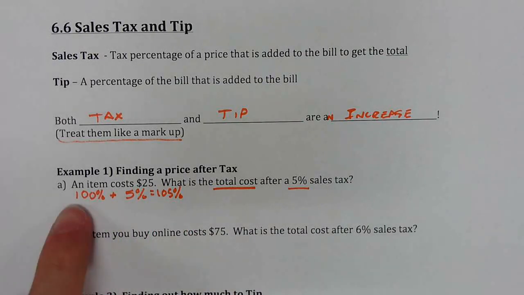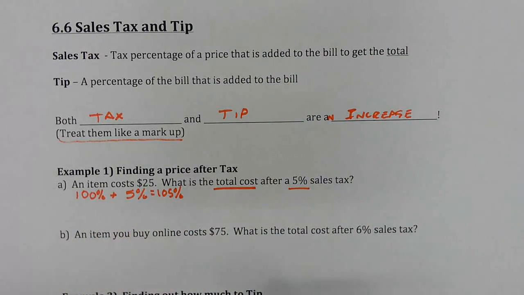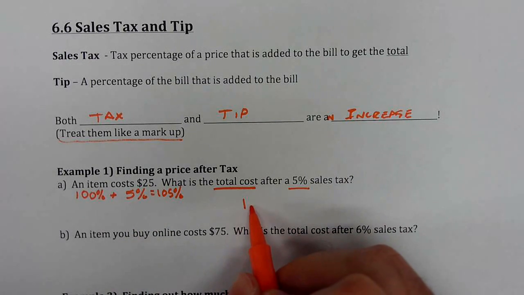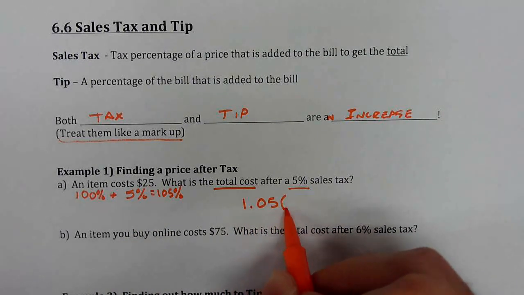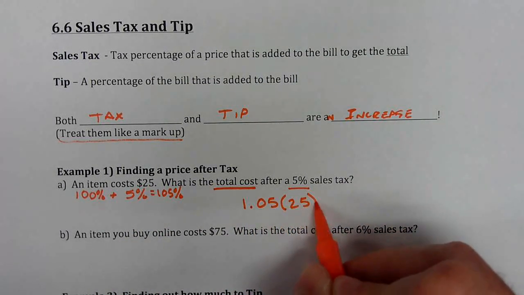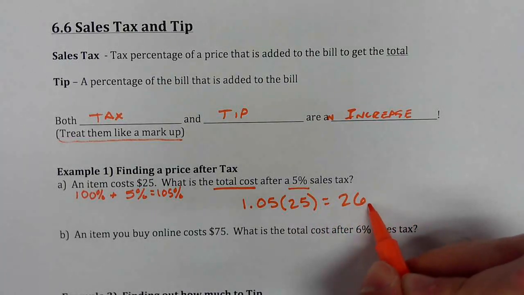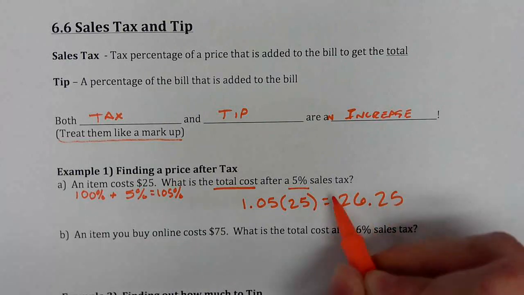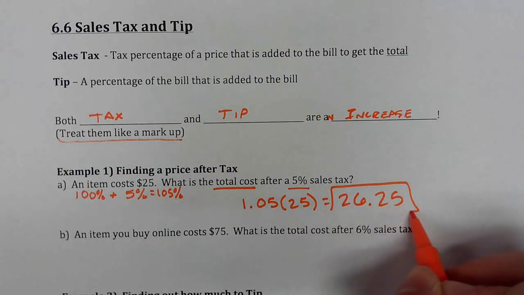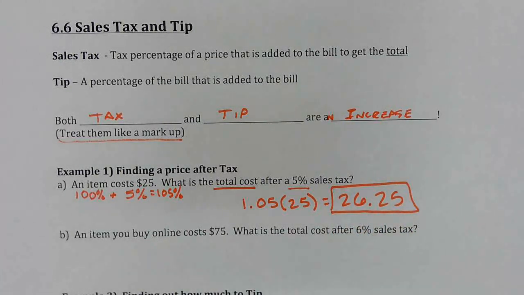Again, not a step that needs to be shown. So our decimal would be 1.05 times our total, $25. This gives us a dollar amount of $26.25. This is my amount with the cost plus the tax.